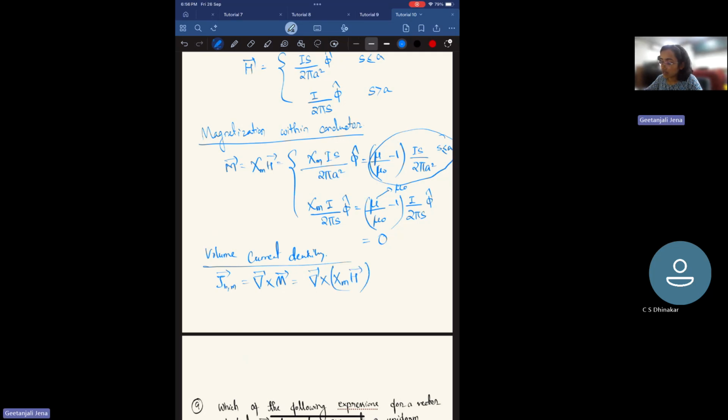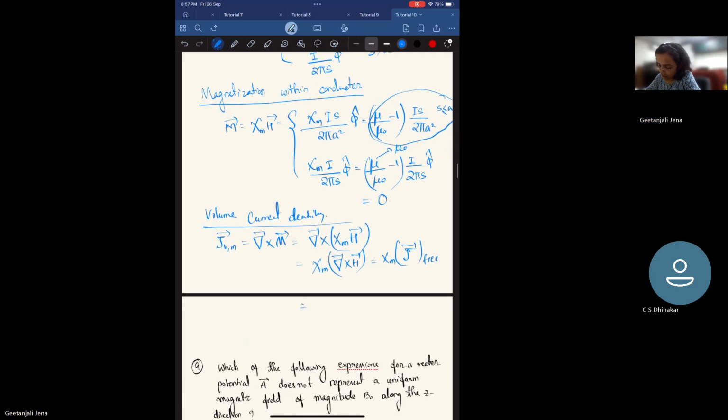So this is curl of chi m H, and if you recall, chi m, this is curl of H. Curl of H is nothing but the free current density, right? And inside the free current density is, because it is uniformly distributed, you can write it as I by pi a square.